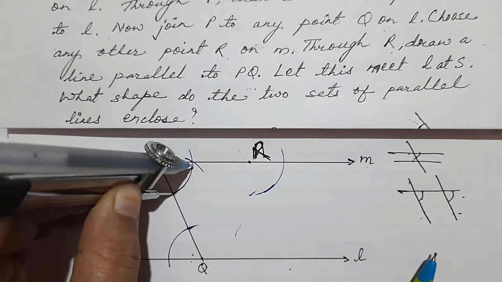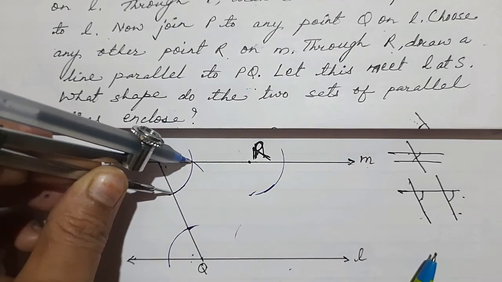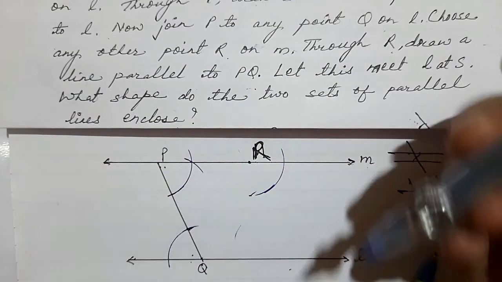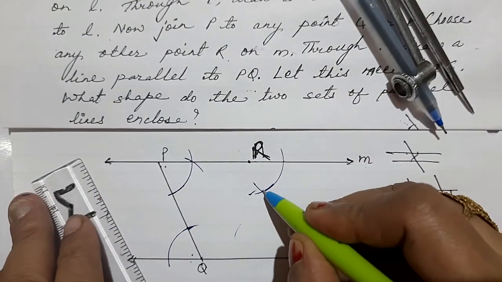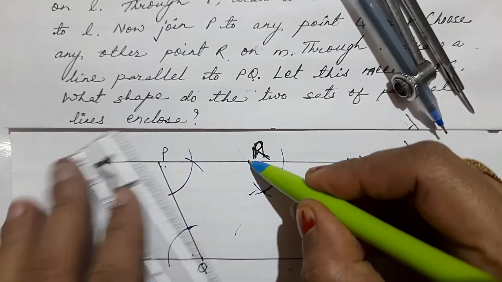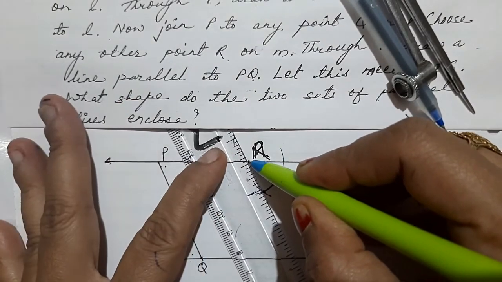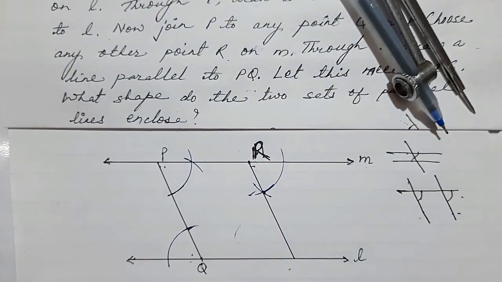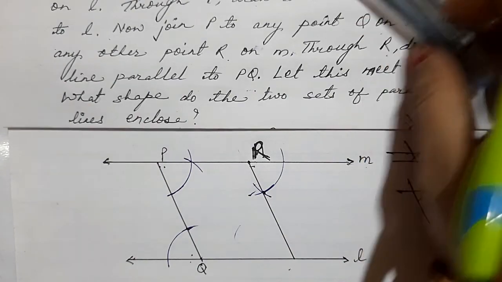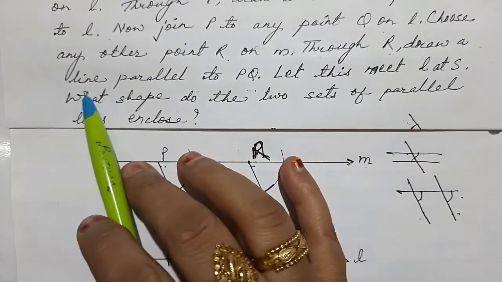This angle I want. So from this point, cut an arc. Now I got this point. If I join R and this point, what I get? A line that is parallel to PQ, and through R draw a line parallel to PQ.